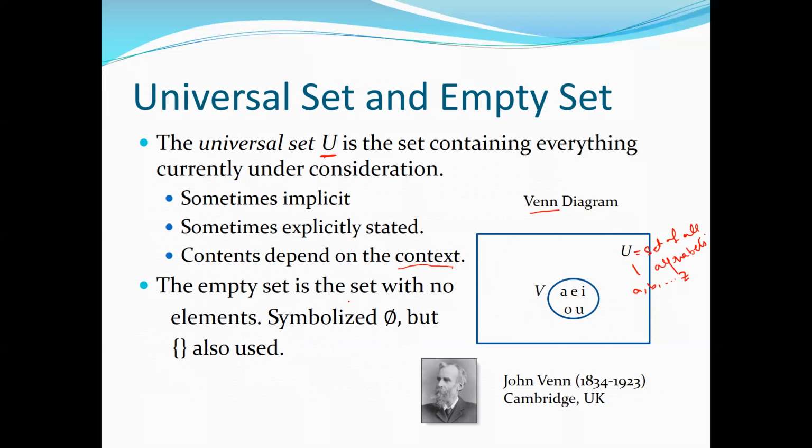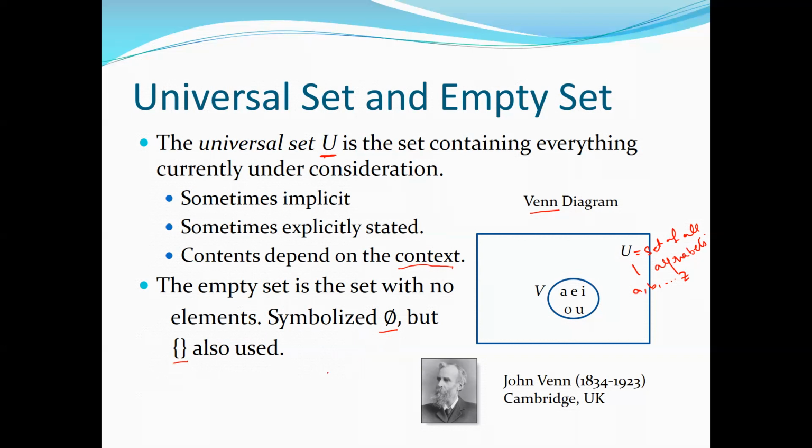The empty set is the set with no elements at all, right? If we say empty set, it means the set does not contain any element. The symbol used for the empty set is this phi sign, right? And sometimes we simply use these curly brackets without indicating any element inside.